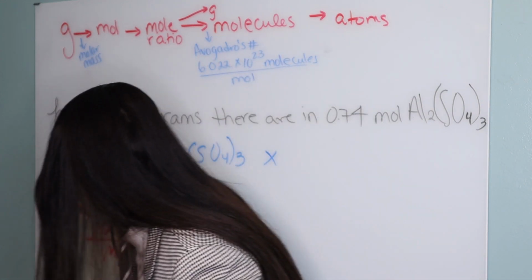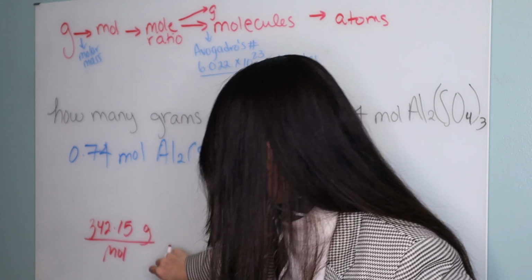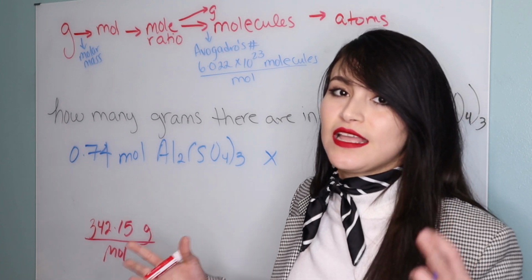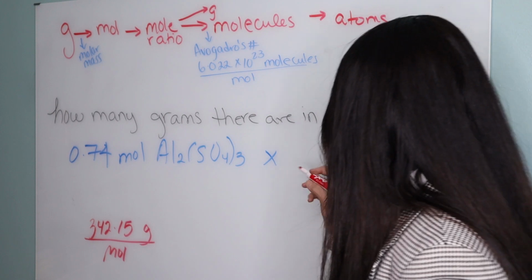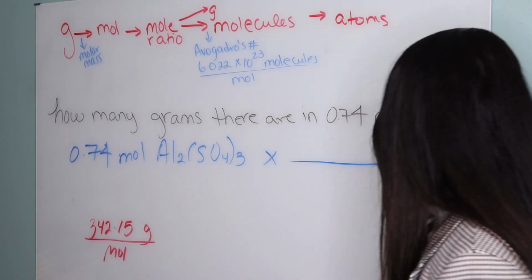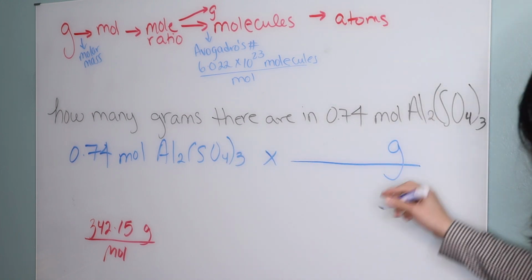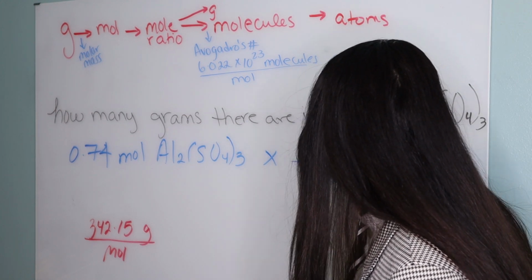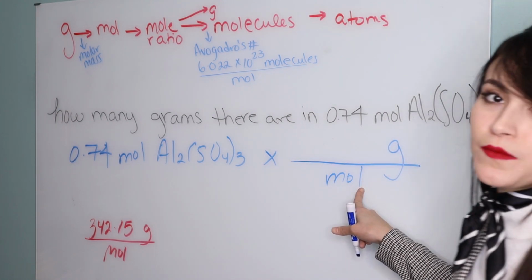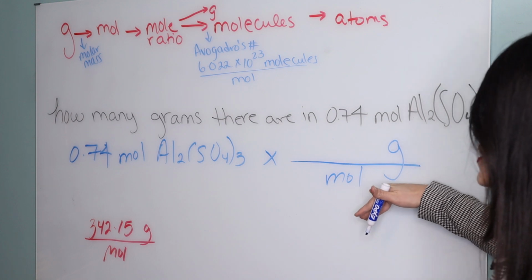I like to use this version better so that it's easy for me to see when the units get crossed out. So over here, I want grams, so grams is going to go on the top. And I'm trying to get rid of moles, so that's going to go on the bottom. Whatever I want always goes on the top. What I want to get crossed out goes at the bottom.